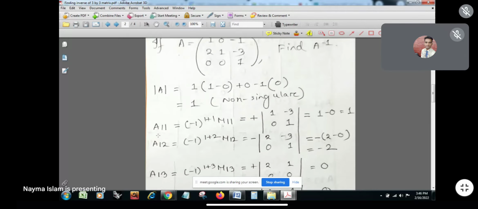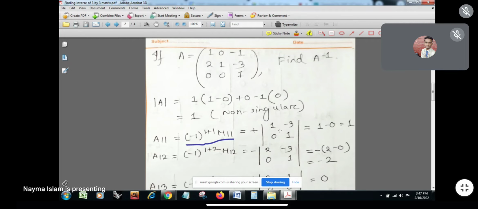Look here. At first I have found the A11 term. This is our original procedure: minus 1 to the power 1 plus 1, M11. The minus 1 to the power 1 plus 1 represents only whether the value will be positive or negative. And what is the meaning of M11? M11 means you write down the matrix after cancelling the first row and first column.